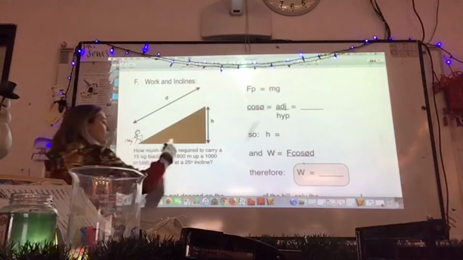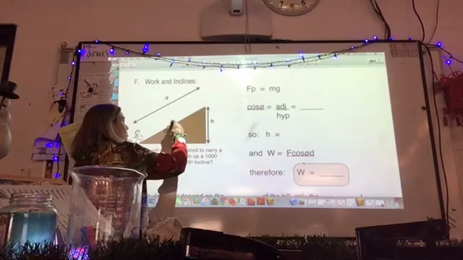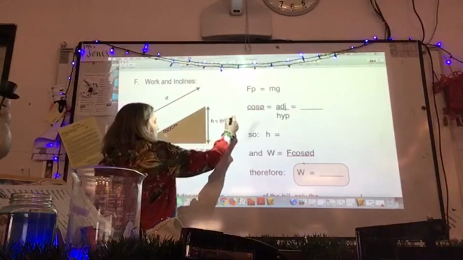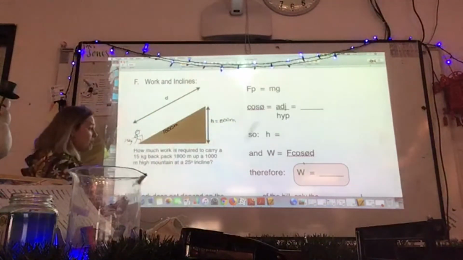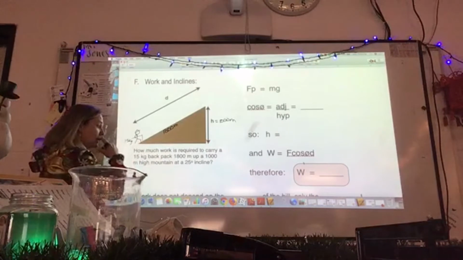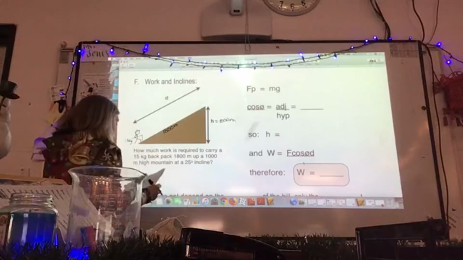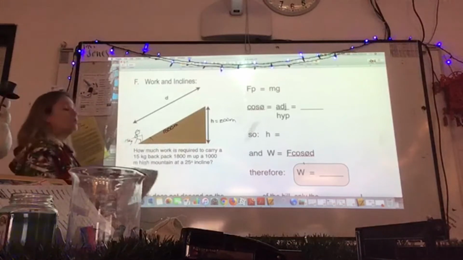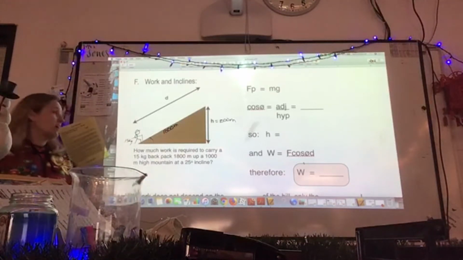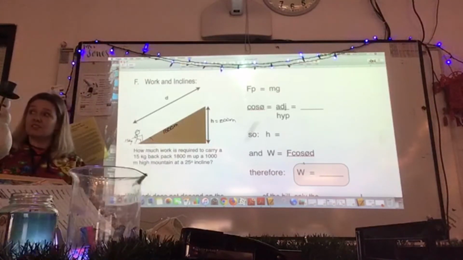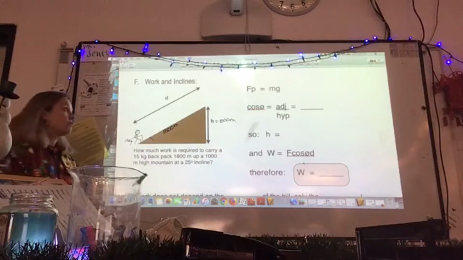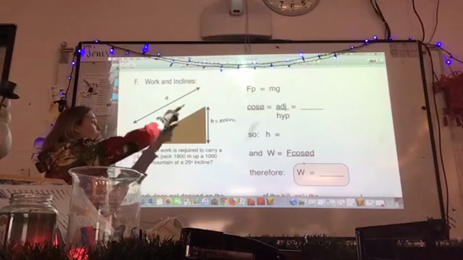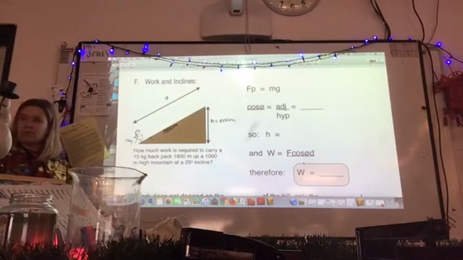He's going 1,800 meters up a 1,000-meter hill or mountain, at an incline of 25 degrees. What's not nice is he's going this way. It's up a hill, but it's not straight up.